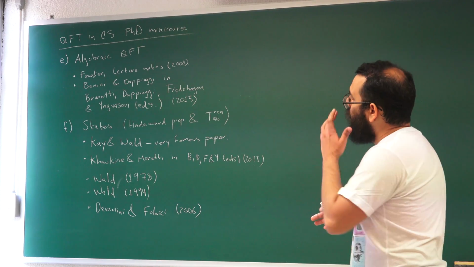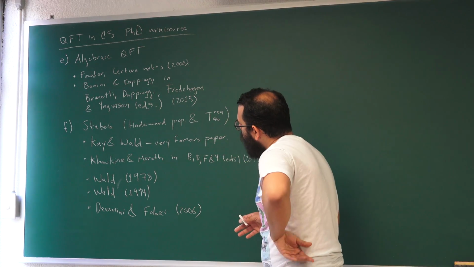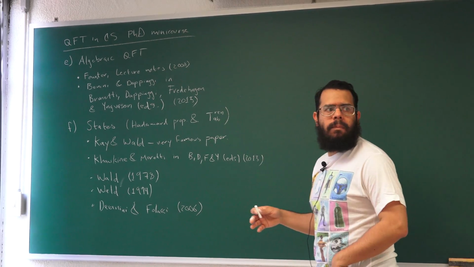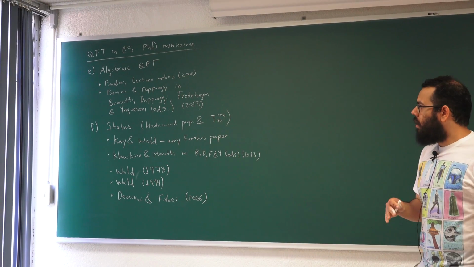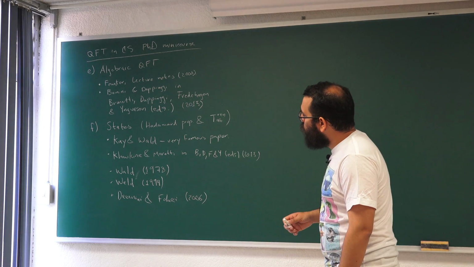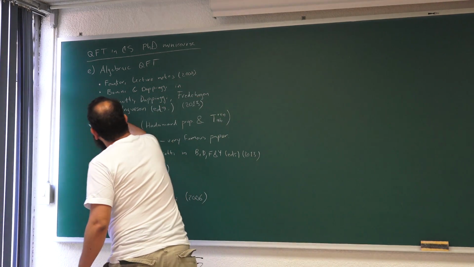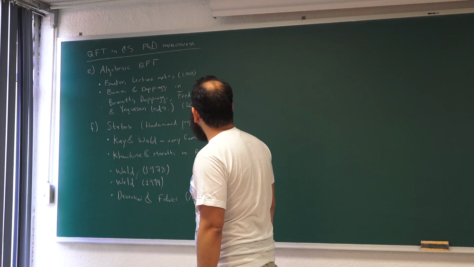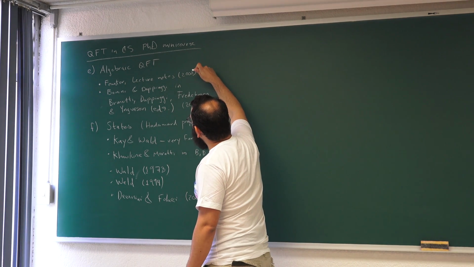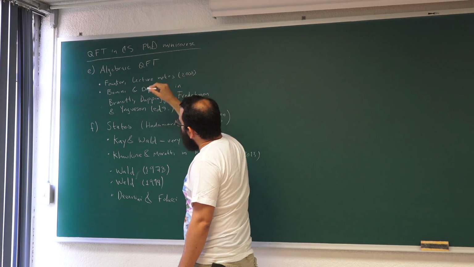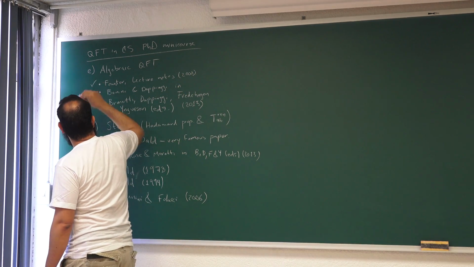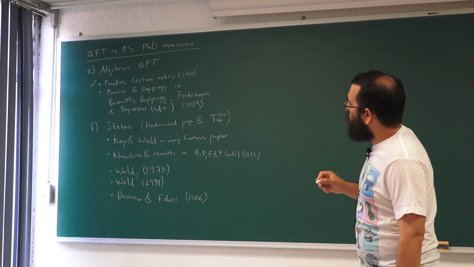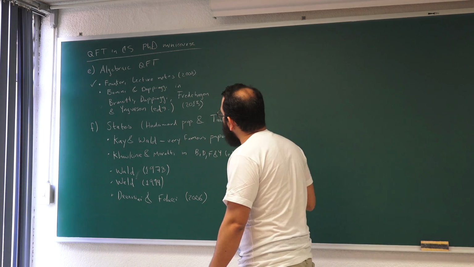So, just some references for you to go and read if you want to go further into what I'm talking about here. For algebraic quantum field theory, a very good exposition is Fewster's Max Planck lectures from 2008.